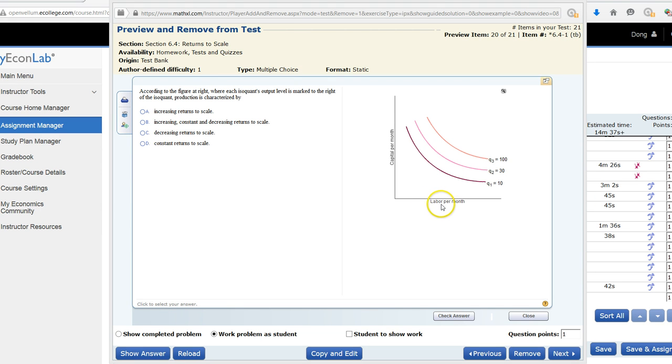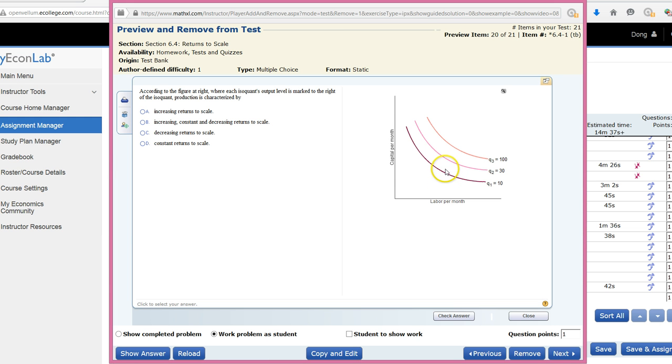Here the inputs are labor and capital, and from the first isoquant to the second one, graphically speaking, you can see that labor, if you go from here to here, is less than doubled, right? Graphically speaking, that should be relatively easy to see. And that's the same for the capital.